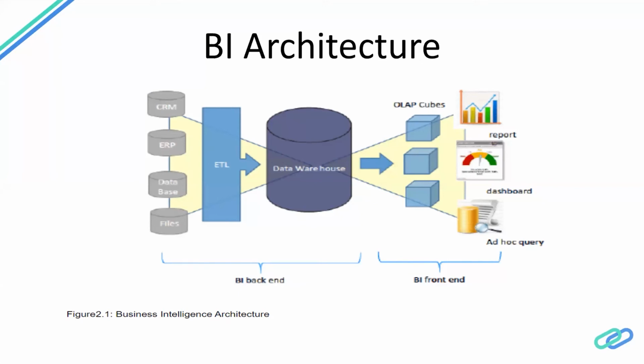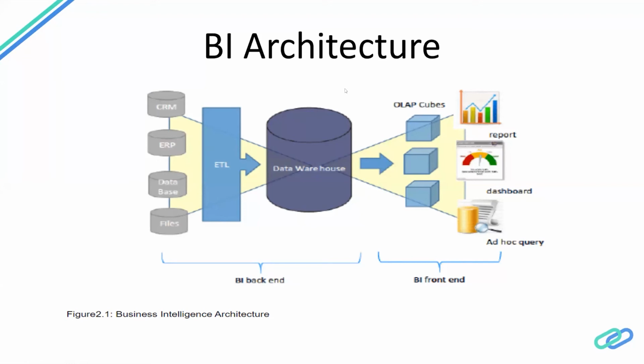Okay, so from each system, the structured data will be pulled with the help of ETL. So the ETL is the data transformation technique. It will be pulled from the individual source system, and it will get stored in a data warehouse. Okay, so this is the business intelligence architecture, I can say.